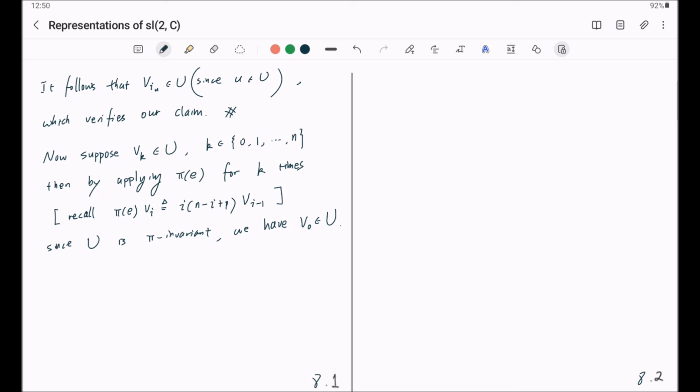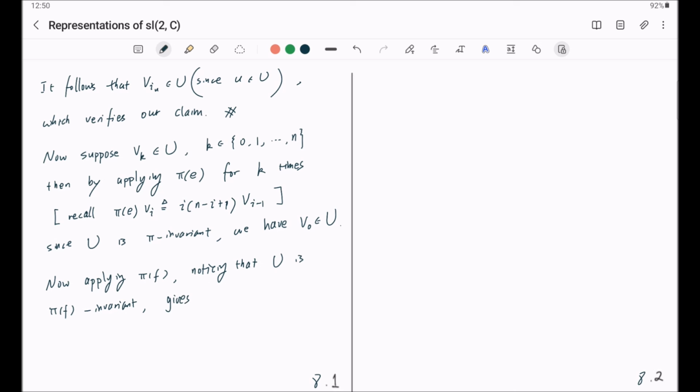So this is a pullback process. We can also push forward by applying pi of f. Now applying pi of f, noticing that U is pi of f invariant, since U is pi invariant.